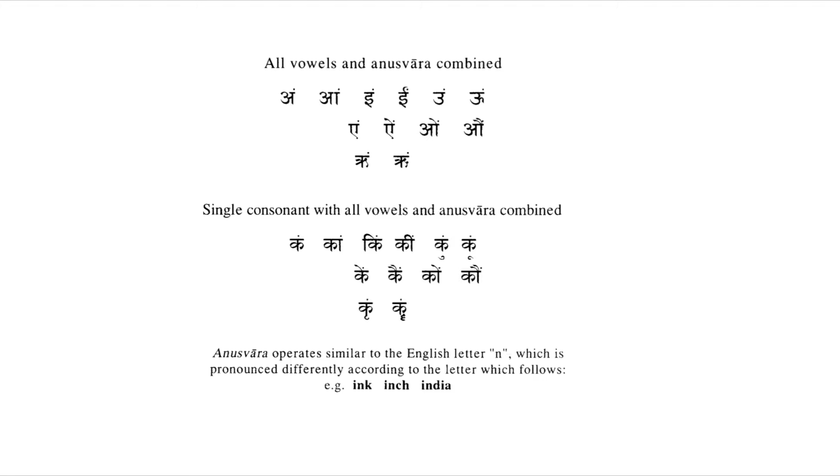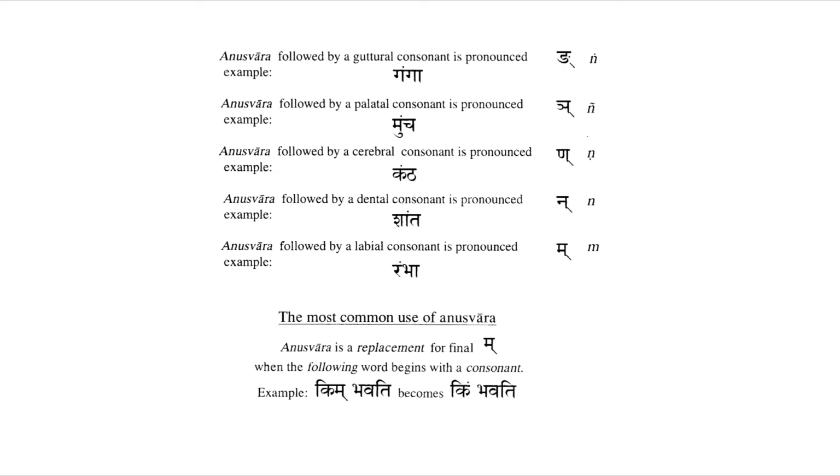Anusvara followed by a guttural consonant is pronounced ng without the following a. Example, ganga. Anusvara followed by a palatal consonant is pronounced nya without the following a. Example, muncha. Followed by a cerebral consonant, pronounced n.